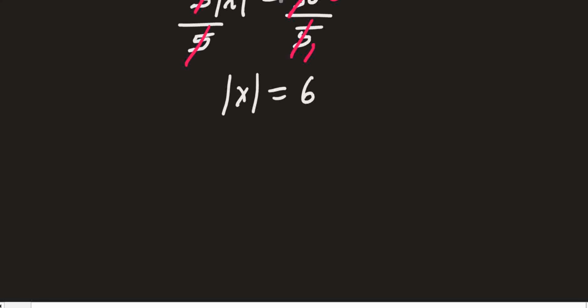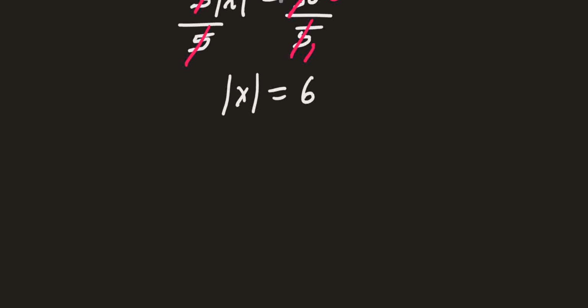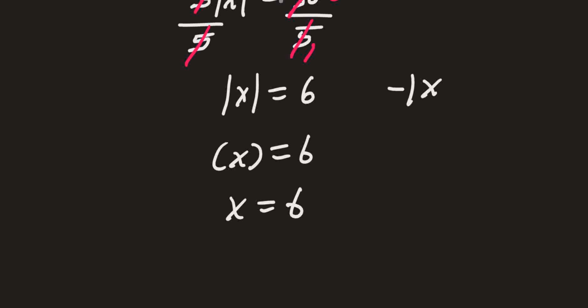Now, we can place the x in parentheses, equate that to 6, clear the parentheses, and equate that to 6. And also place a negative sign before the absolute value, and you could equate this to 6.